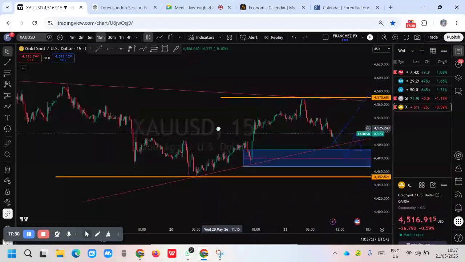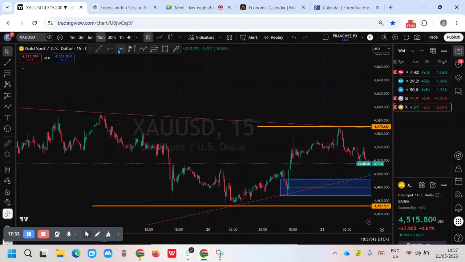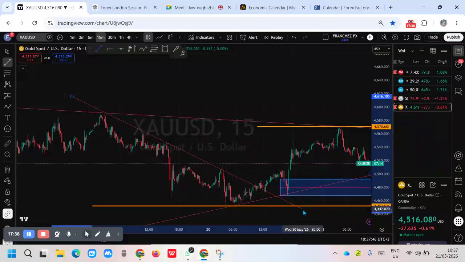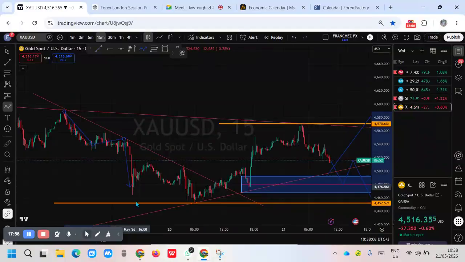So what do I mean here? I mean this market will come and try to respect this order block and maybe give us a break of this trend line. If it closes below this trend line, we will continue going down. If it doesn't, we wait for the break of either the upper trend line or the down trend line.